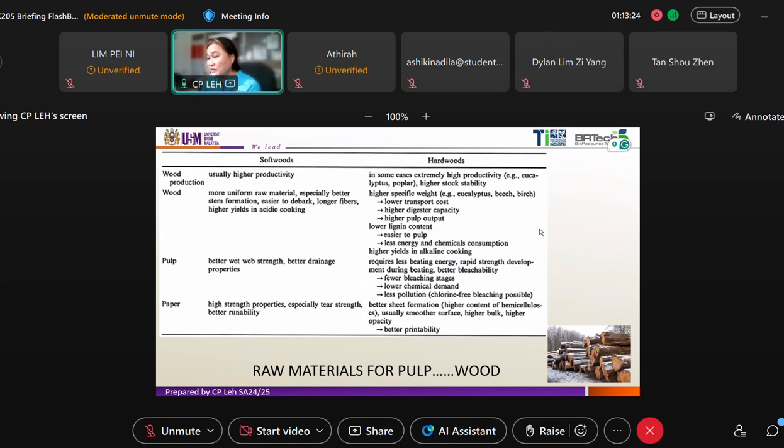This slide is about the quality of paper produced from hardwood and softwood. We can say softwood has better drainage properties because of the longer fiber. Hardwood can accept more water. Hardwood also develops strength during the beating process because the cell wall is thinner.